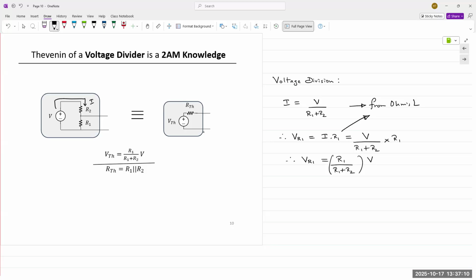This technique is known as voltage division. You can apply this technique to any series connected resistive network. If you have a series connection of resistors, you can apply voltage division, because what is R1 plus R2? Between these 2 points, as seen by the voltage source, R1 plus R2 is the REQ of that series connection.